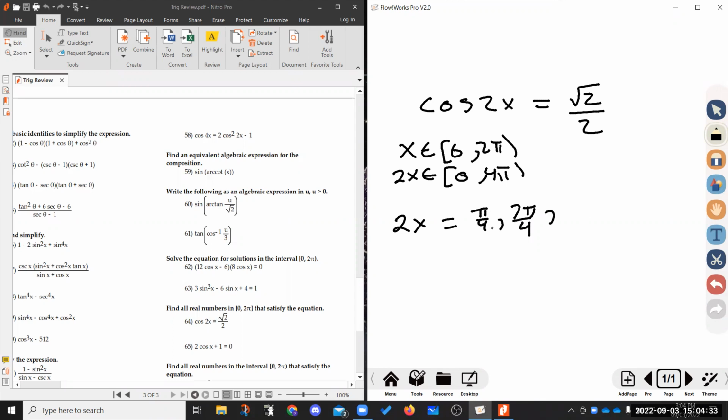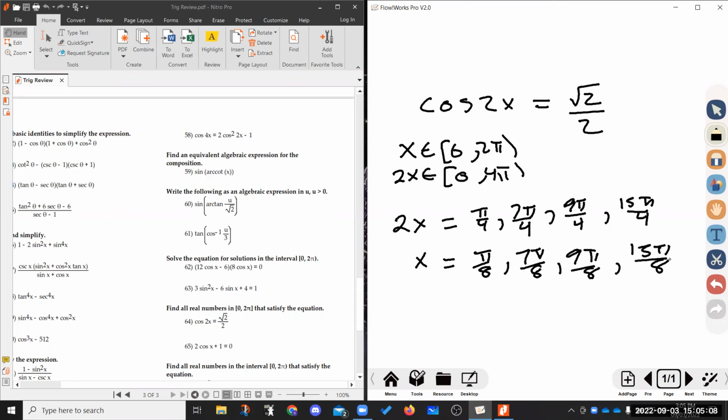Or I could come around all the way again to 9 pi over 4. Or I could add here, this would be 15 pi over 4. That's going to be on 2 revolutions. So x is going to be equal to pi over 8, or 7 pi over 8, or 9 pi over 8, or 15 pi over 8, and those are going to keep me between 0 and 2 pi.